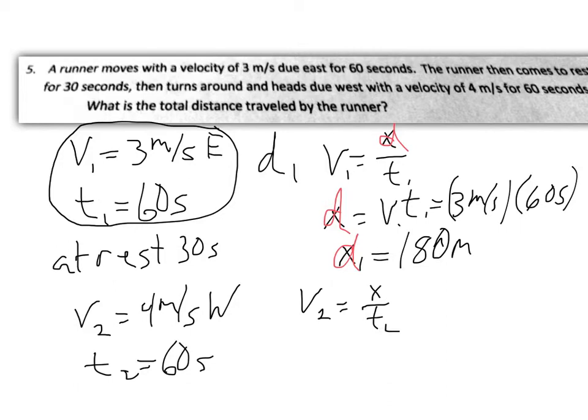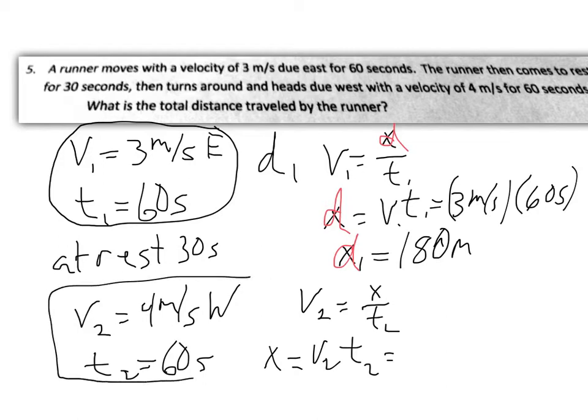So we're going to rearrange that, solve for X, or D, if you want to call it that. So it's going to be the second velocity times the second time. So that's this part of the trip. So 4 meters per second times 60 seconds. And that's going to give us 240 meters.